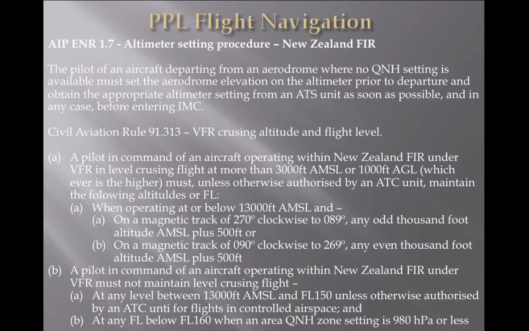Civil Aviation Rule 91.313, VFR cruising altitudes and flight levels. A pilot in command of an aircraft operating within New Zealand FIR under VFR in level cruising flight at no more than 3,000 feet AMSL or 1,000 feet above ground level, whichever is the higher, must, unless otherwise authorised by ATC, maintain the following altitudes or flight level.